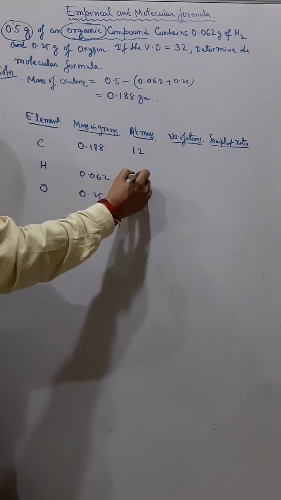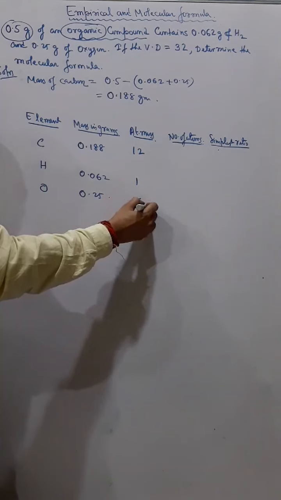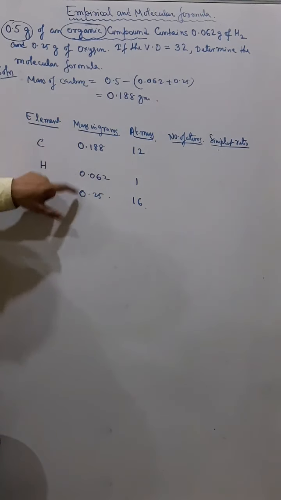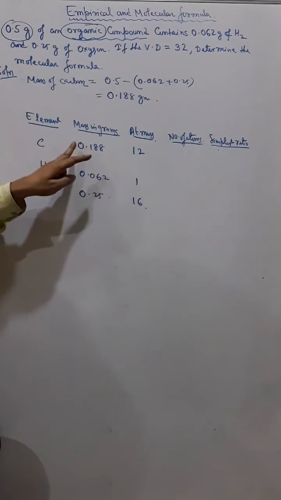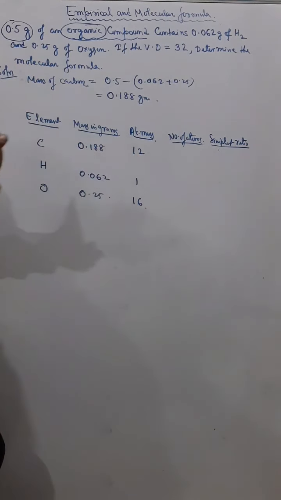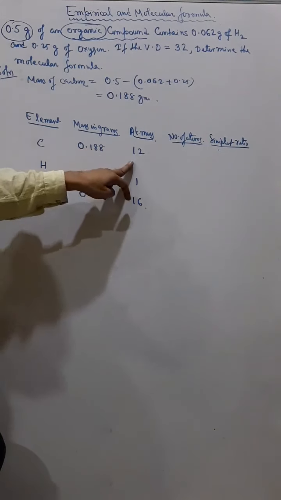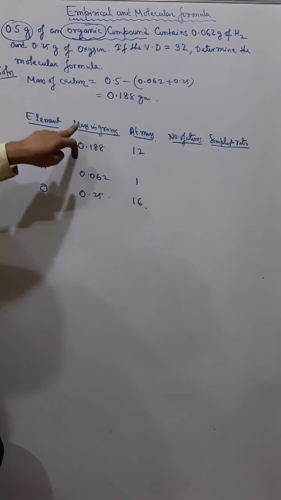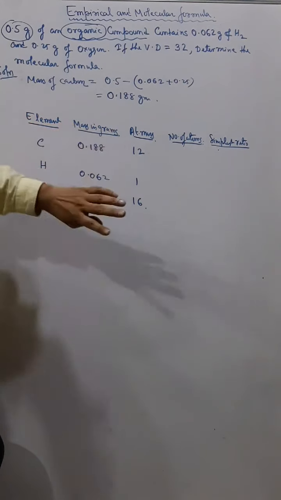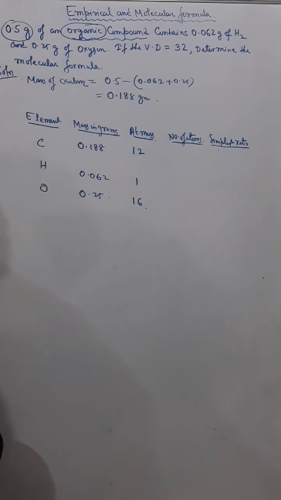Carbon is 12, hydrogen is 1 and oxygen is 16. Same as in the case of percentage, where we write element, percentage, atomic mass, and then divide percentage by atomic mass. Here we will divide the given mass by atomic mass. So this percentage place is replaced by mass in gram. The other rules are similar, we have to calculate in the similar way.